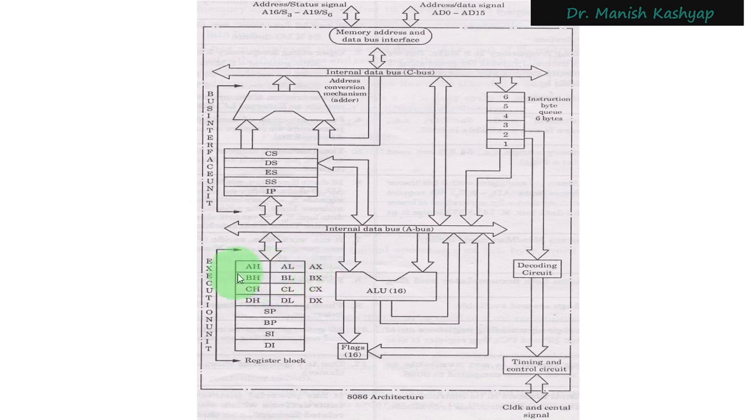So you can use these registers either in 16-bit mode, I mean, you can use AX completely, which will be a 16-bit register, or you can break it into parts. You can use that as AH register or AL register. This facility was not available in 8085. There were only A, B, C, D, H, L registers, and at one time you could use one register completely. Half a register cannot be used there, or even if you have to use it, you have to write specific programs for that.